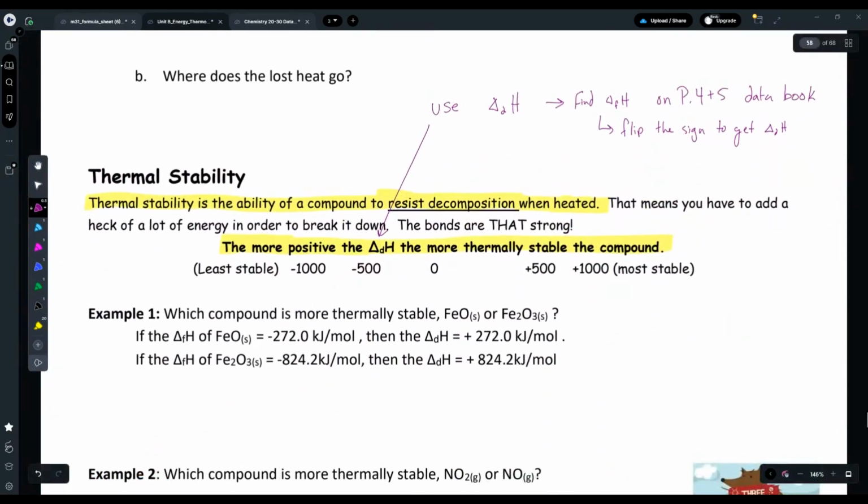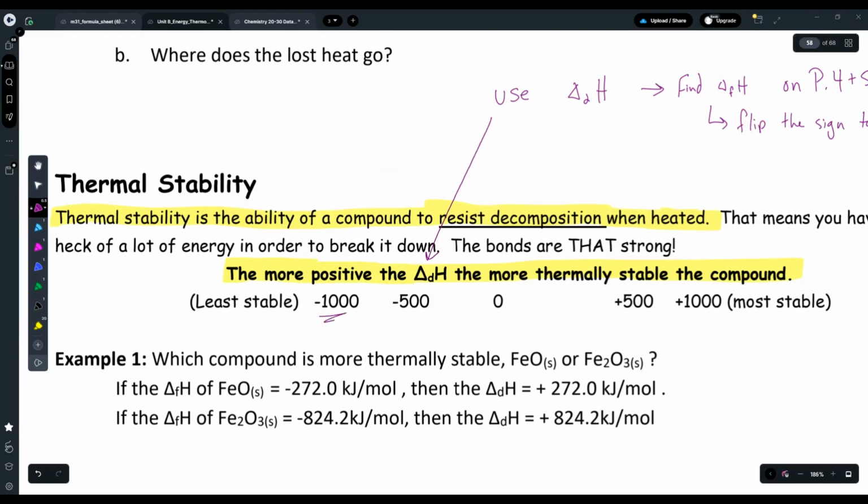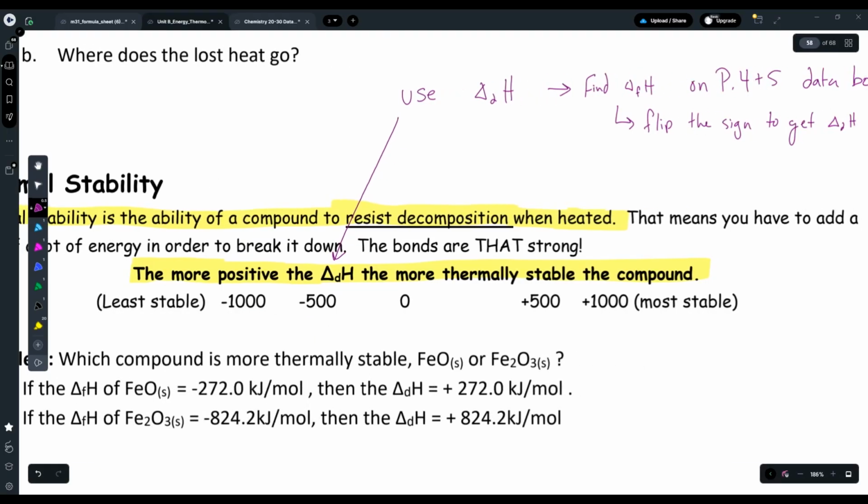Okay, so again, remember, the more positive your molar enthalpy of decomposition is, that means the more energy that it's going to take in order to decompose that compound. Okay, so the least thermally stable value here would be this negative 1000. The most thermally stable value here, or compound here, would be this positive 1000.